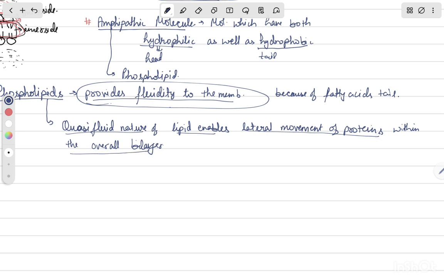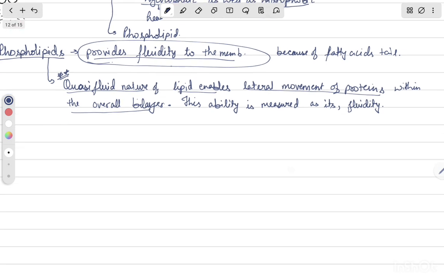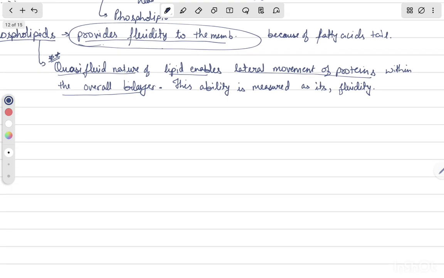This is very important, and this ability is measured as the fluidity of the membrane. How much lipids and proteins are able to move within the overall bilayer, that much fluid is the plasma membrane.